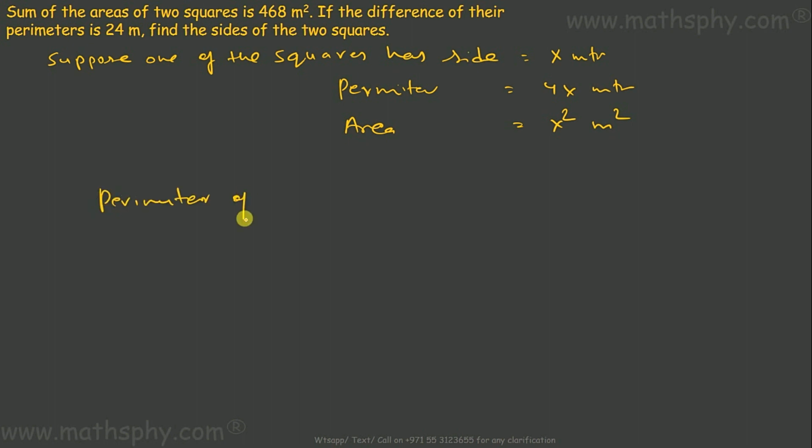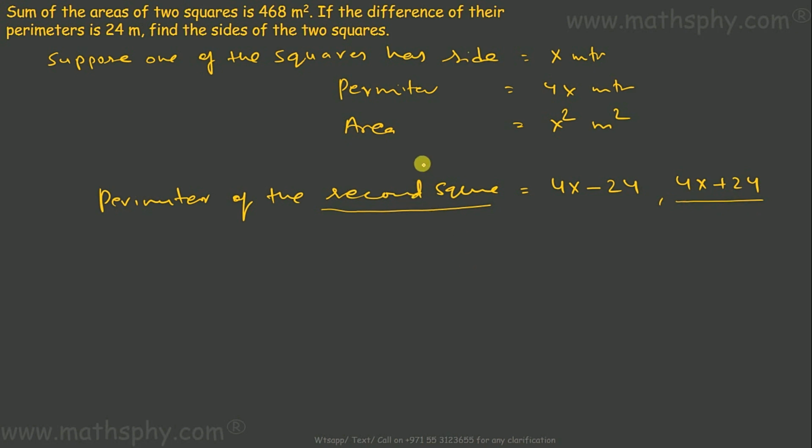So perimeter of the second square, this would be, it says if the difference of their perimeter is 24 meters, means I can take it as 4x minus 24. I can take it as 4x plus 24 also, because it says difference is 24 meters, means if I take 4x minus 24 I am taking this square as smaller. If I am taking 4x plus 24, it means I am taking the second square as bigger.